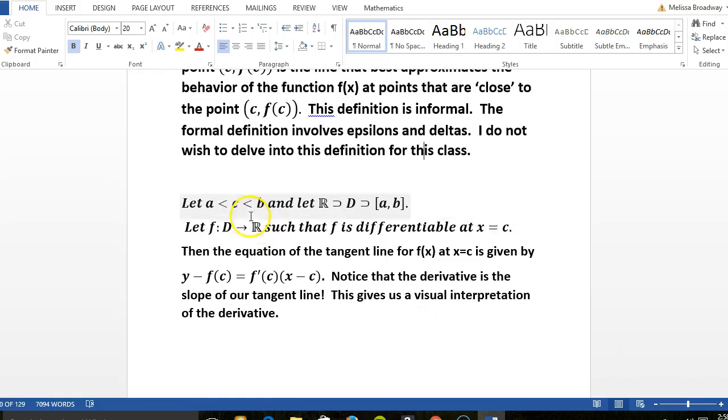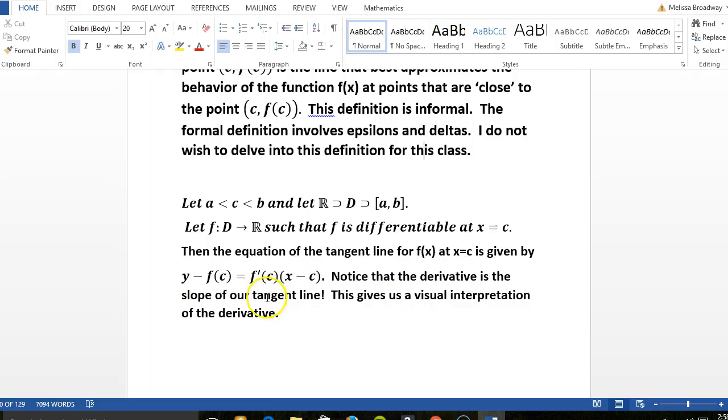Let a be less than c less than b, and let D be a real superset of the closed interval [a, b]. Let f be a function from D to R that is differentiable at x equals c. Then the equation of the tangent line for f of x at x equals c is given by this equation right here, and this form is called point slope form, based on the point c, f of c.